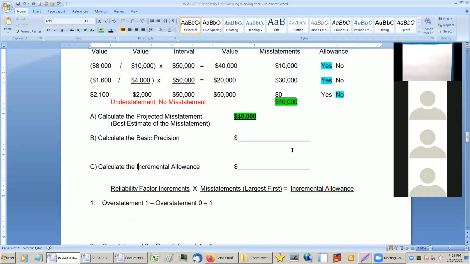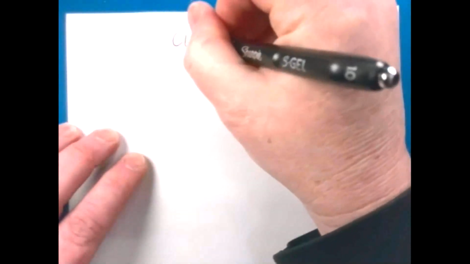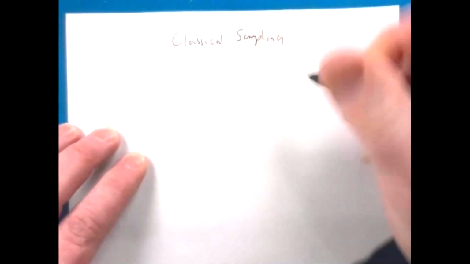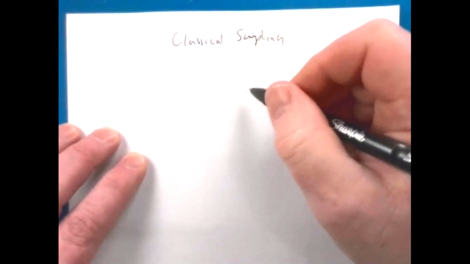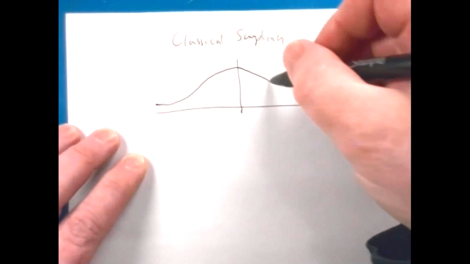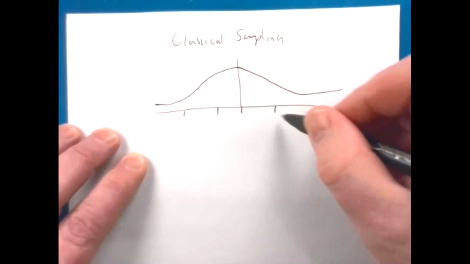Okay, so it's sort of like this. In classical sampling, you get your bell curve here, and it looks like that. And we do standard deviations.